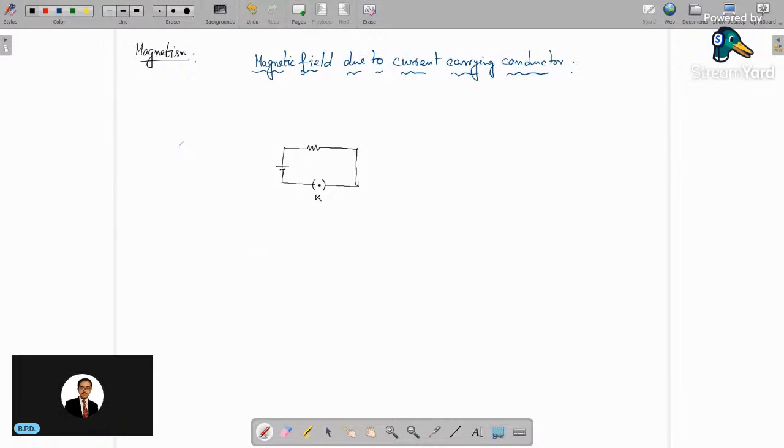So if a current carrying conductor like this is considered, then if we are considering that current is flowing in this direction, that means it is starting from there. বোঝা যাচ্ছে কারেন্টের ডাইরেকশনটা, right?